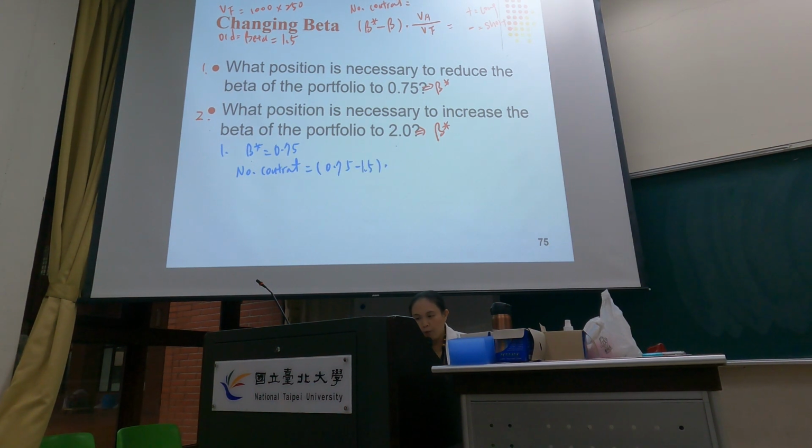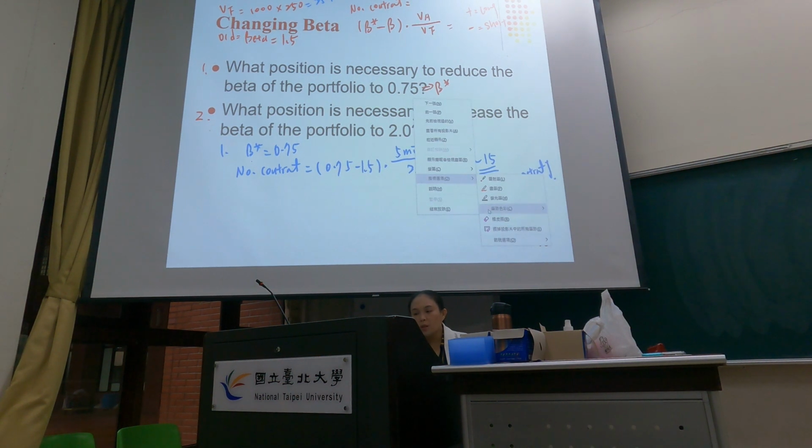Times 5 million at the top, that's your VA, divided by 250,000, that's the VF. So you come up with minus 15. That means short 15 contracts. That's the first question.